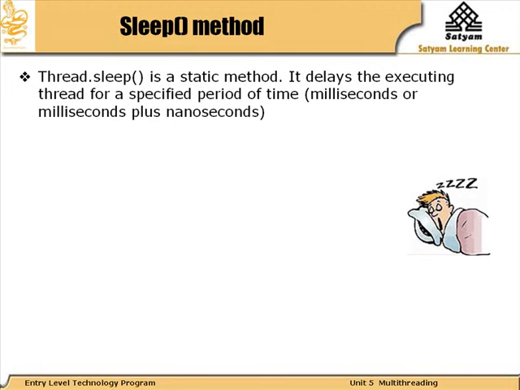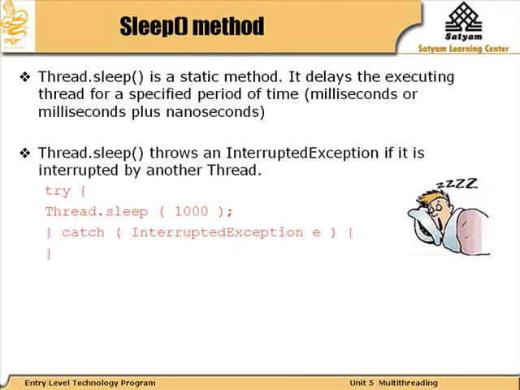Sleep method. Thread.sleep is a static method. It delays the executing thread for a specified period of time. Thread.sleep throws an InterruptedException if it is interrupted by another thread.